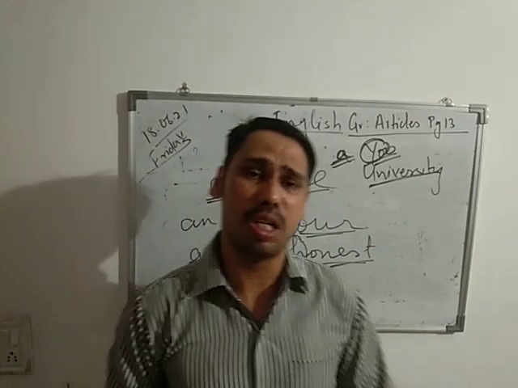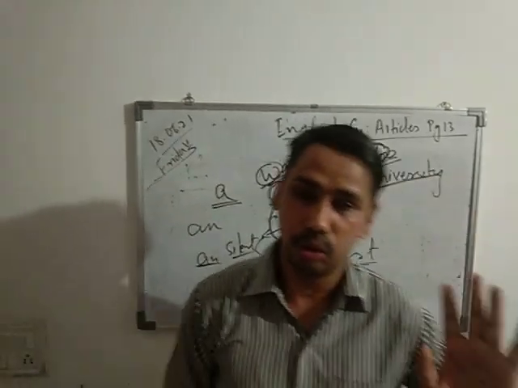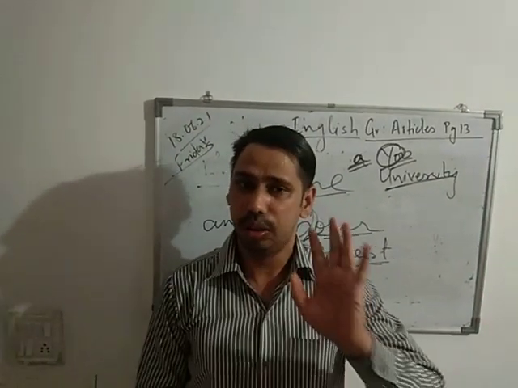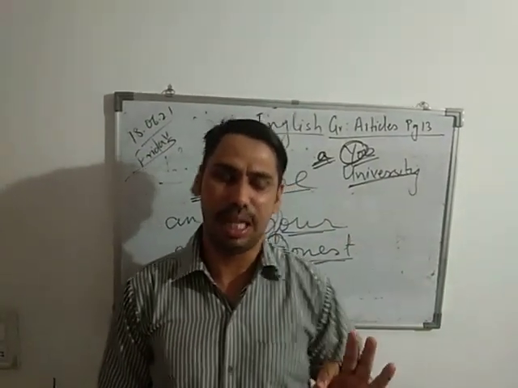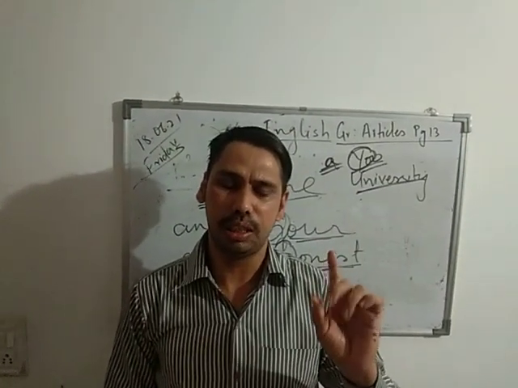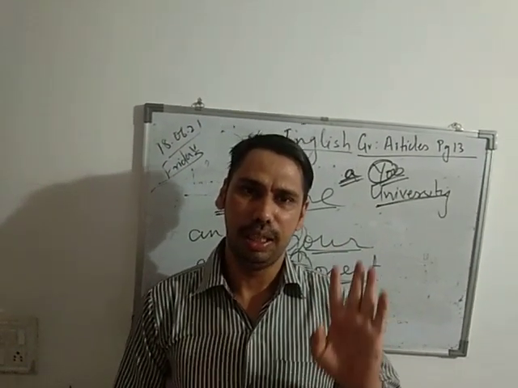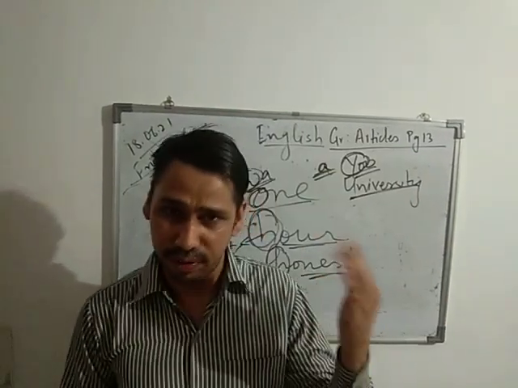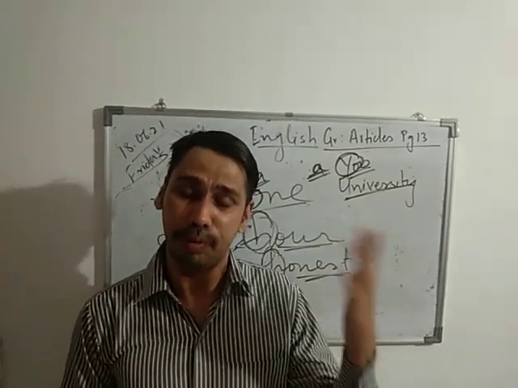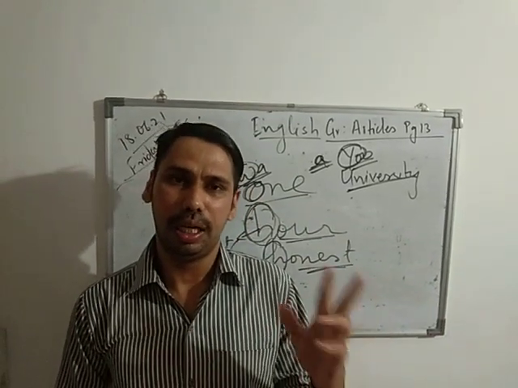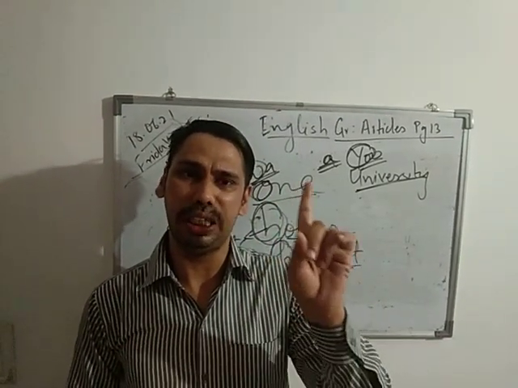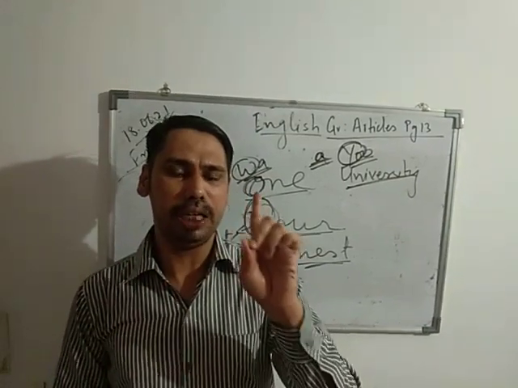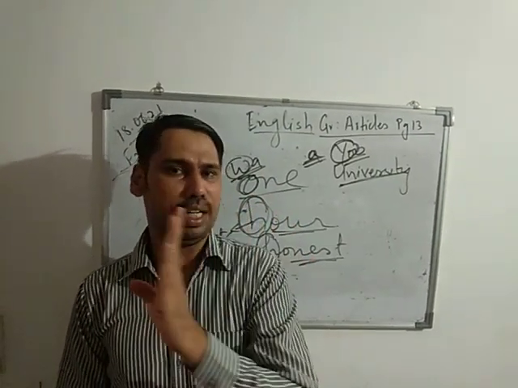Before I close, I just want to have a small recap of today's class. Children, we are starting with articles. Articles are a and the. A and the are used to modify the sentence. They are placed before the noun. Articles are divided into two groups: indefinite and definite. Indefinite is a or an, and definite is the.